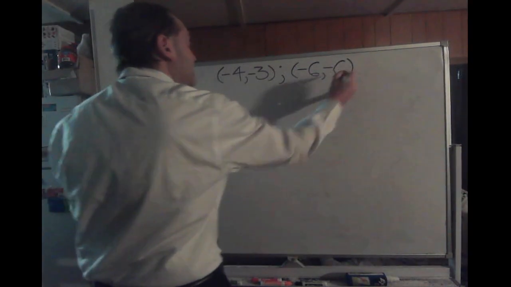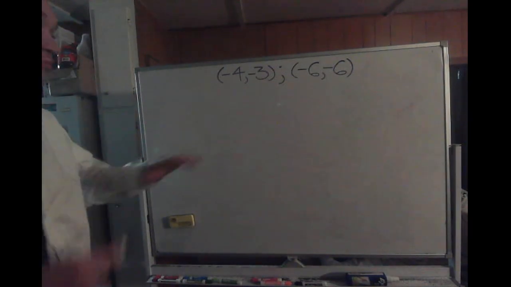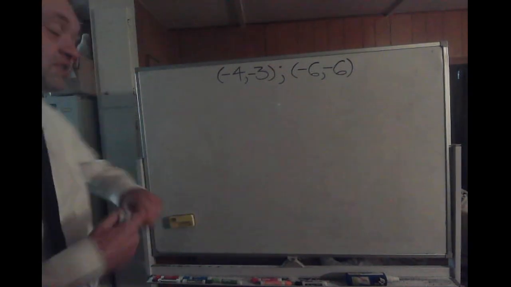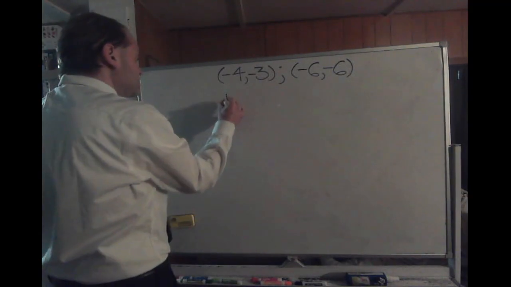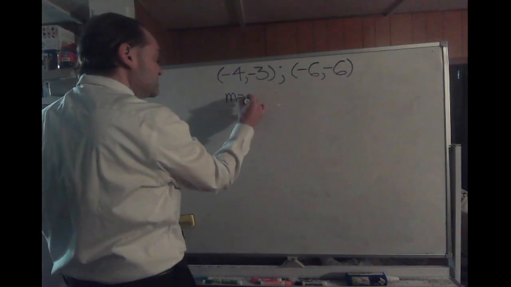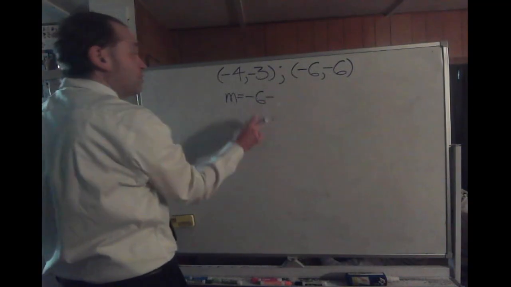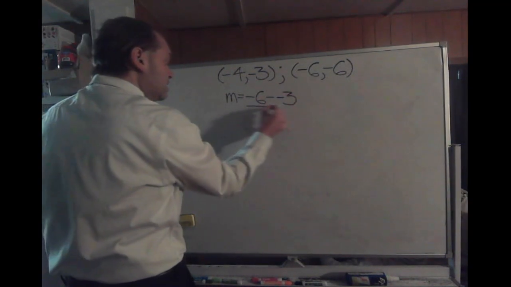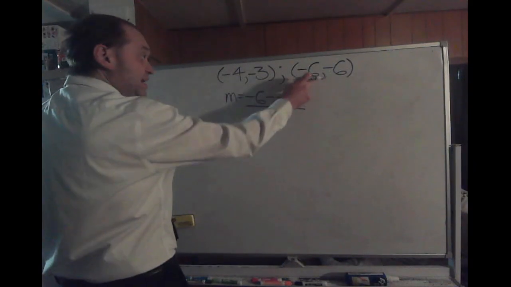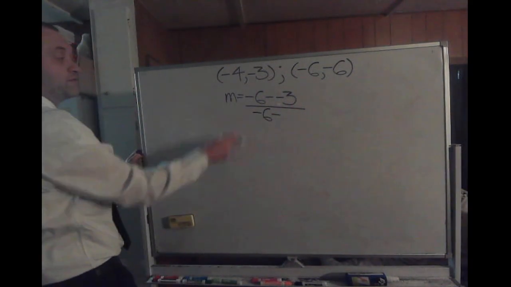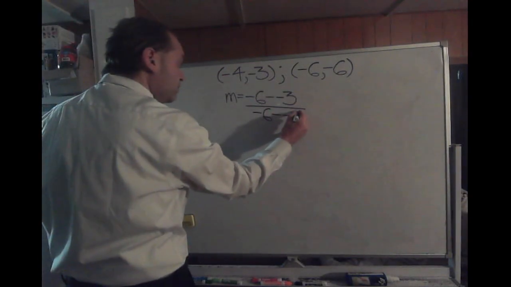So we have to find the slope of the line going through the points (-4, -3) and (-6, -6). So let's start with our second y-coordinate of -6 minus our first y-coordinate of -3, over our second x-coordinate of -6 minus the first x-coordinate of -4.